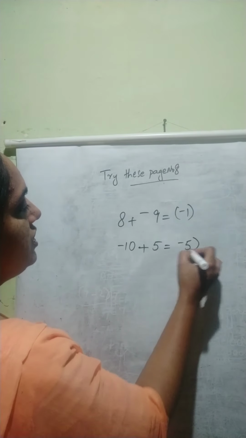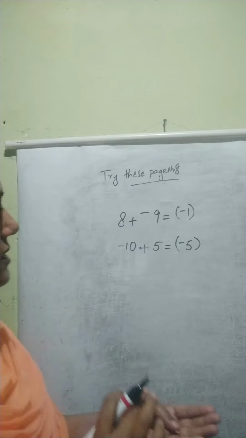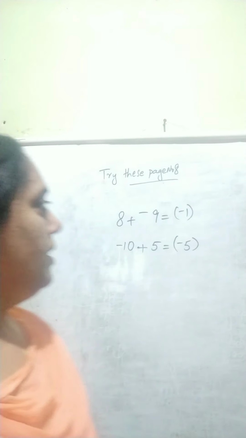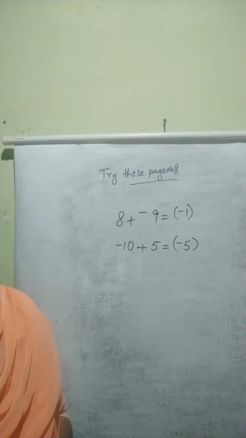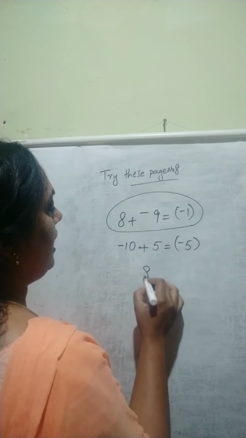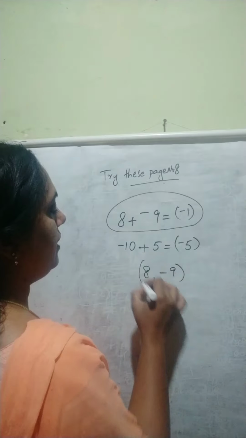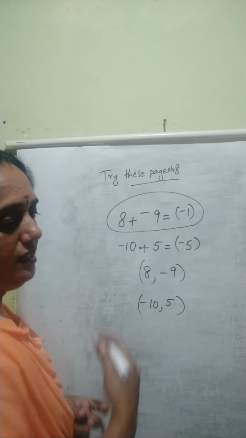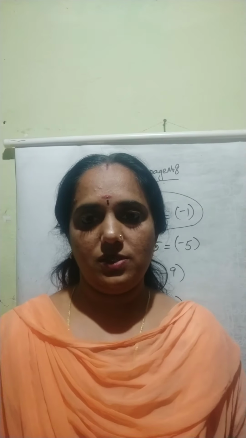Answer is negative 5. When we are adding two integers, we have to get a negative integer as the answer. So we can write a pair, that is 8 comma negative 9 or negative 10 comma 5. Any integers as your choice.